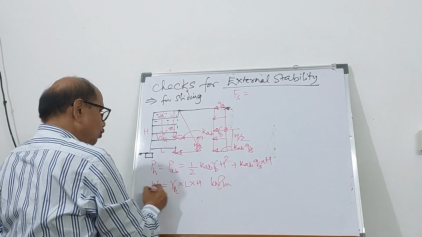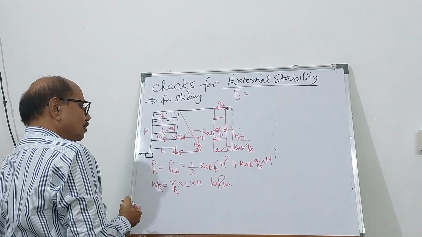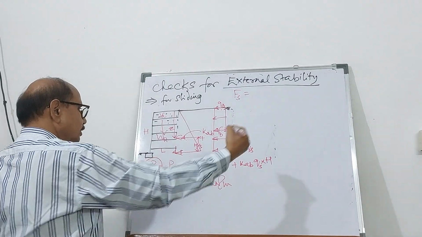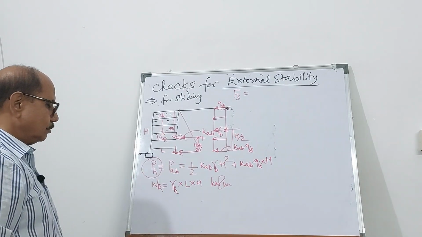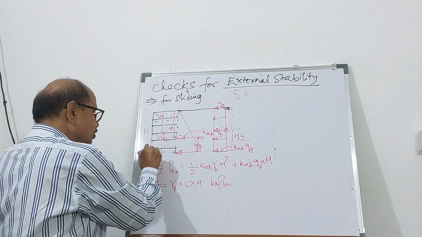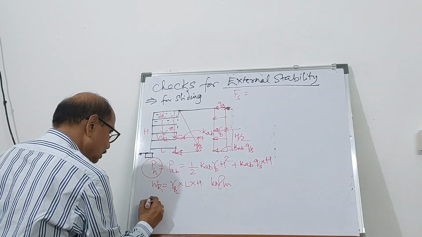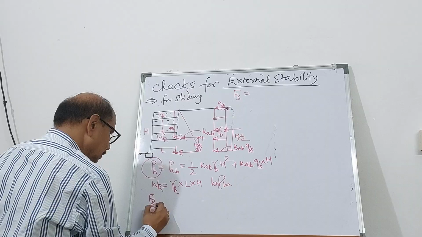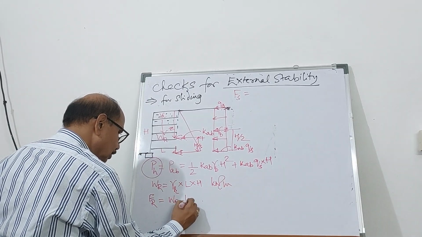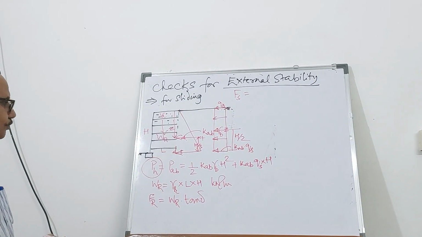This WR will resist this sliding force. This is the sliding force, horizontal force. This is the acting, and this is going to resist. So what will be the resisting force developed here? The resisting force FR will be WR into tan delta at the base.